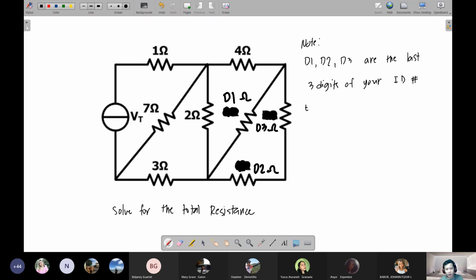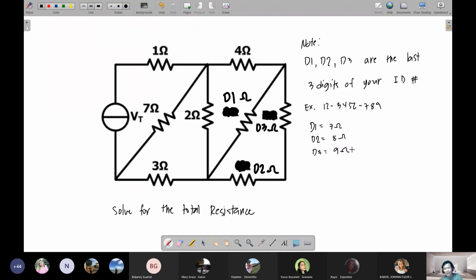Example, the ID number is 1, 2, 3, 4, 5, 6, 7, 3, 4, 5, 6, 7, 8, 9. For example, D1 will be 7 ohms. D2 will be 8 ohms. D3 will be 9 ohms.